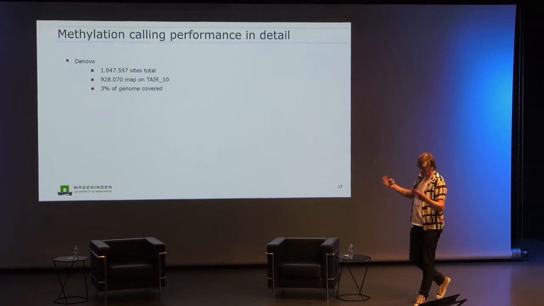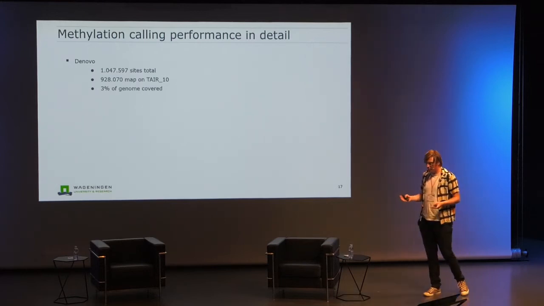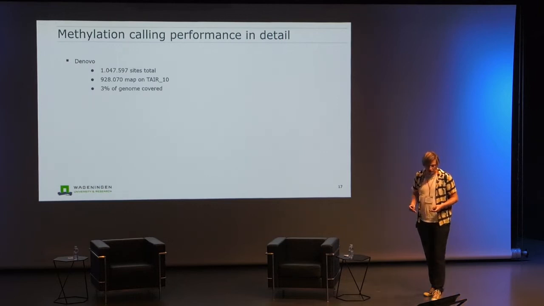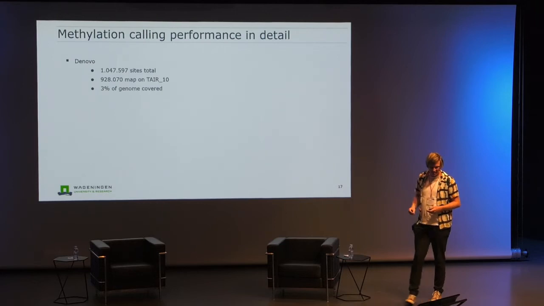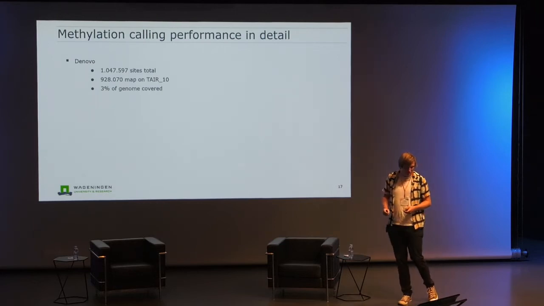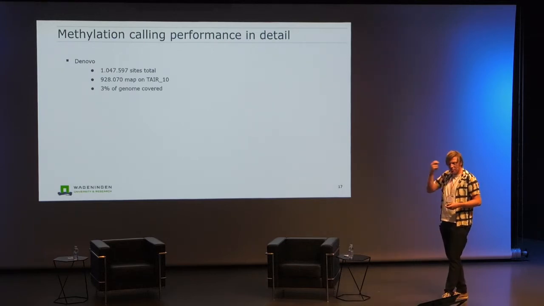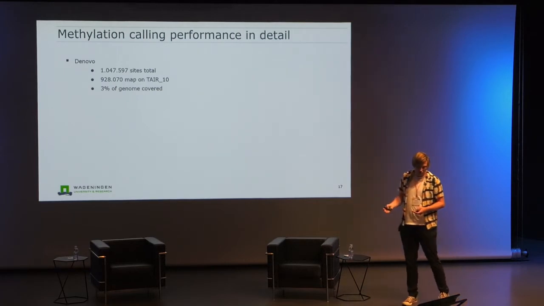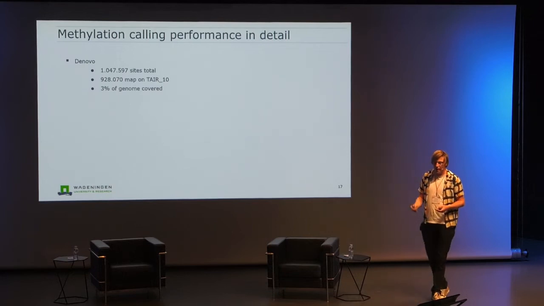The de novo that we created is with a specific parameter combination, but that's maybe something for another day, how the parameters cause the differences in how the de novo performs. But in the de novo with the most optimal parameter combination that we could find, we found 1 million total cytosine sites, of which 928,000 mapped once on the Arabidopsis genome.